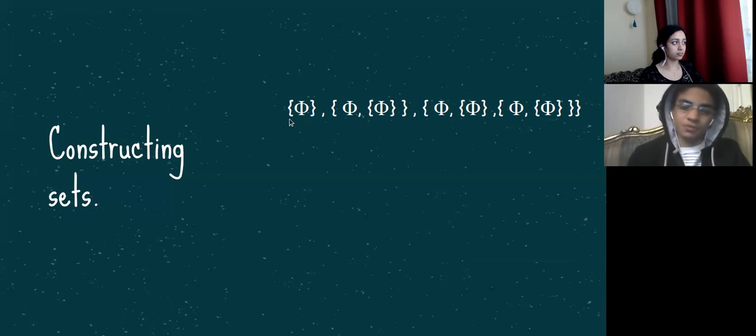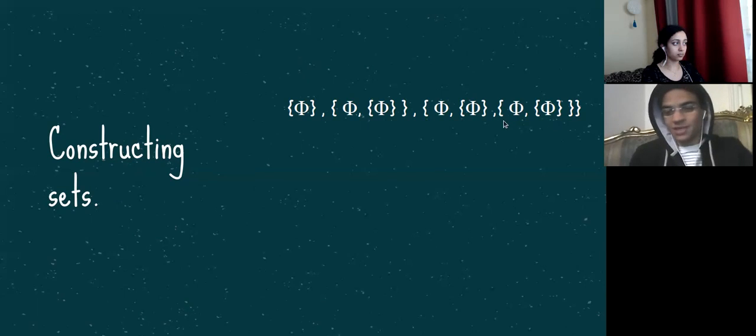So I'm just starting with phi, and then I build a new set, the class of phi. Based on these two together, I can build the class of phi and the class of phi. Then, combining these together, I can build a new class with the elements phi, the class of phi, and the class of phi and the class of phi.